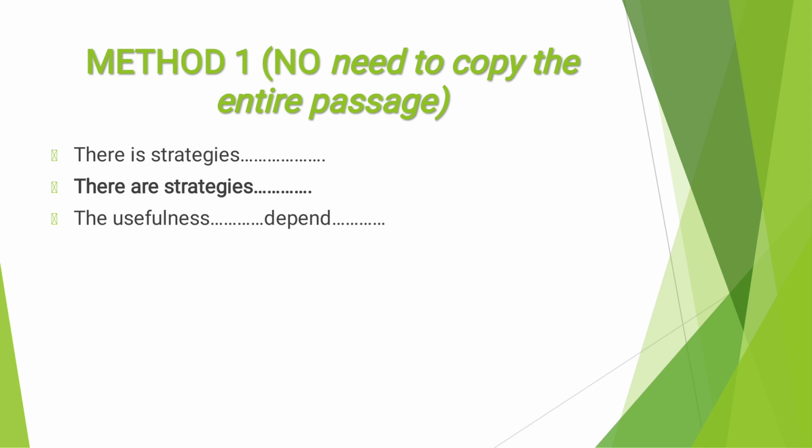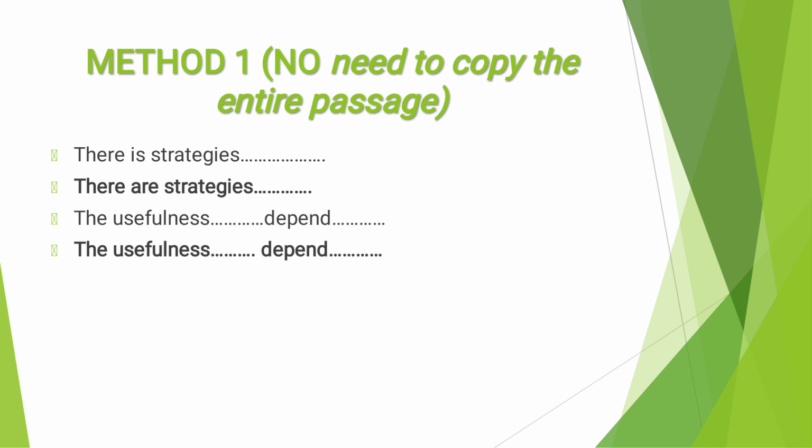The usefulness depend. The usefulness is a singular subject and must therefore agree with a singular verb, which is depends. You add s. So the usefulness depends. Do the correct thing. It is a typing mistake. The usefulness depends. Add s to the depend.